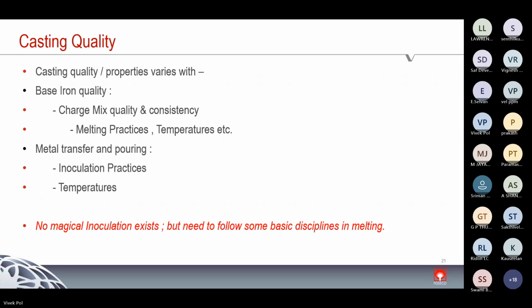If you are not following good practices in melting, and by adding some inoculant you expect all metal variation to go away, that will not happen. So inoculation plays an important role, but up to a certain limit, and that's why we need to follow basic disciplines in melting to achieve consistent metallurgical and mechanical properties.